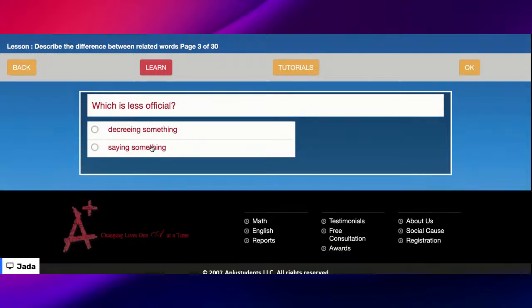Which is less official, declaring something or saying something? Which is less official? Okay, which ones? One or two? Option 2, saying something.